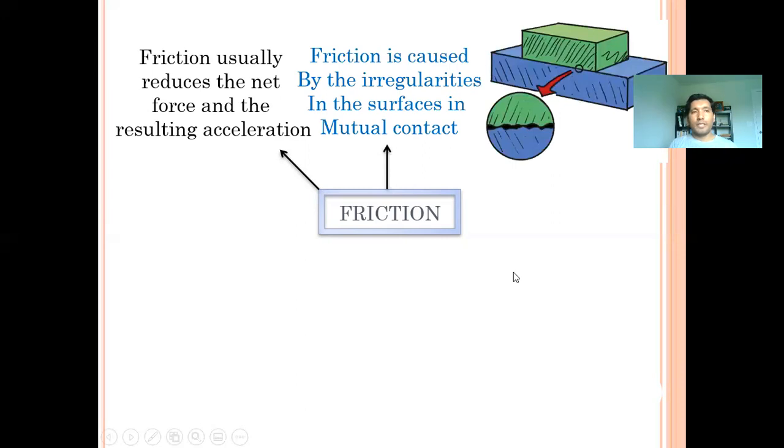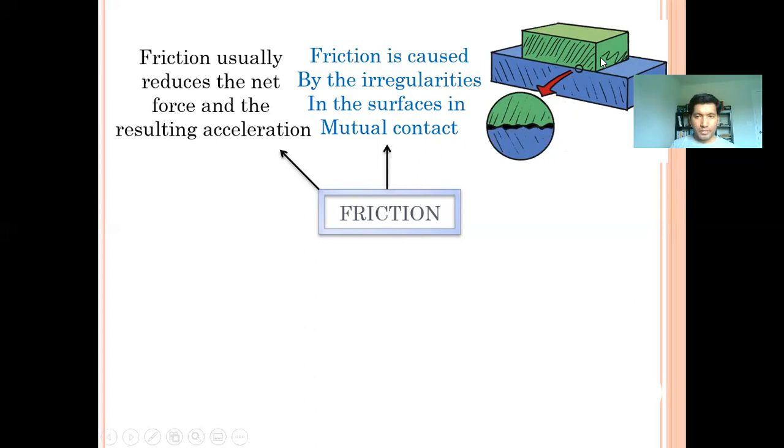When you roll something or slide something on a surface, it is difficult to slide. You can feel it, right? Friction is caused by the irregularities of the surfaces in mutual contact. That is the cause of friction. Normally, the surfaces that you have seen, like a smooth one, if you see microscopically, there are small hills and grooves, right?